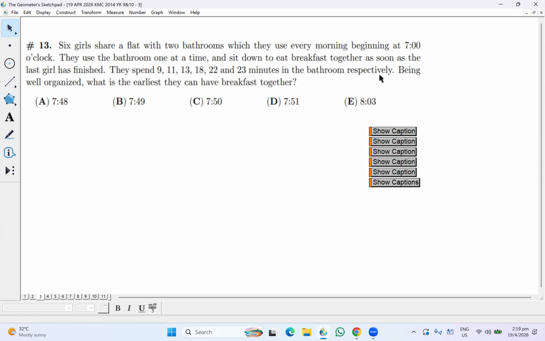They all spend different times showering. Being well organized, what is the earliest time they can have breakfast together? So you have two bathrooms, so they split, and you want the time to be shortest so that breakfast will be as early as they can.